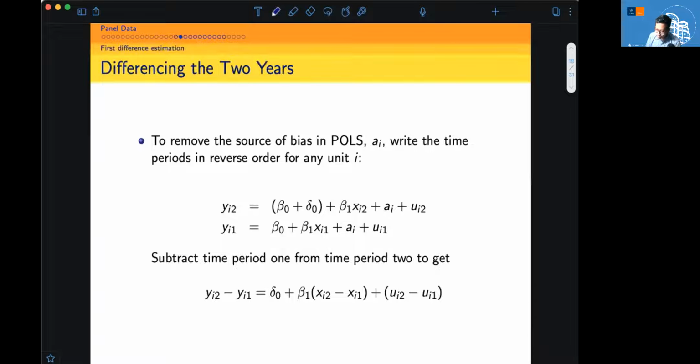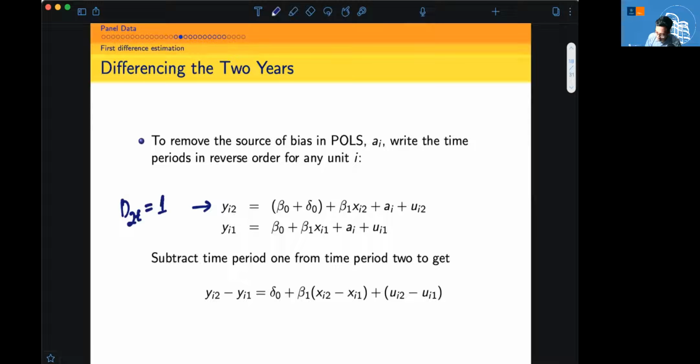Okay. So to remove the source of bias in a pooled OLS, what we can do is write the time periods in reverse order. So we're going to start first with the second period and then the first period. So in the second period, notice that d2_t is going to be equal to 1.